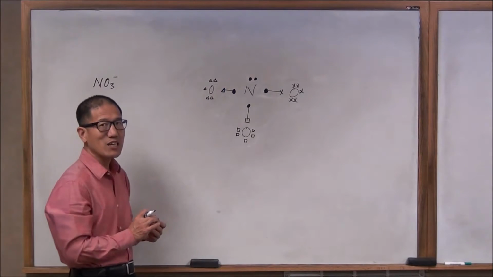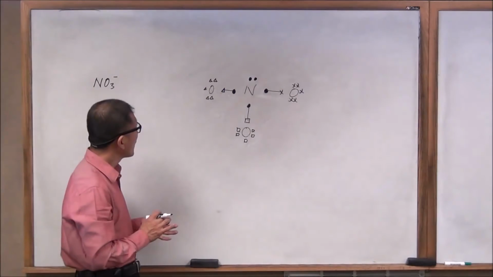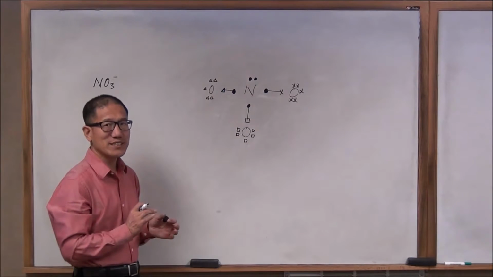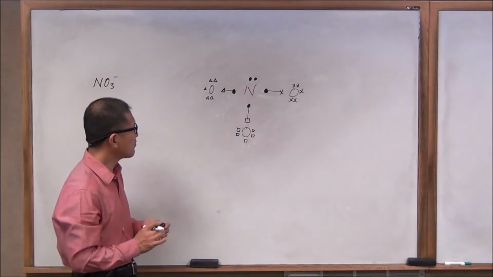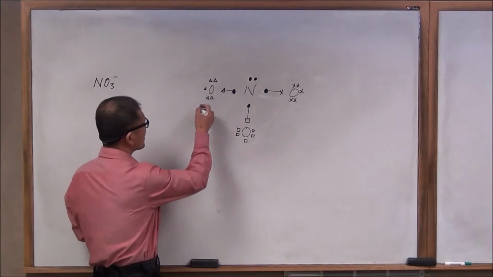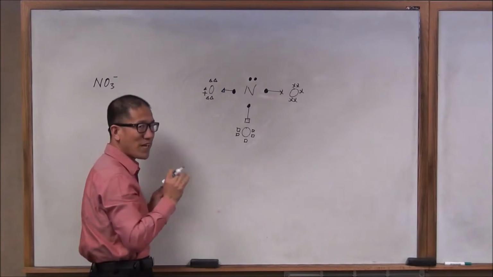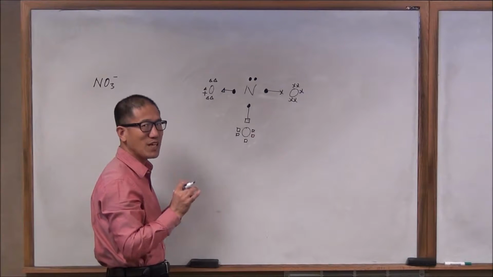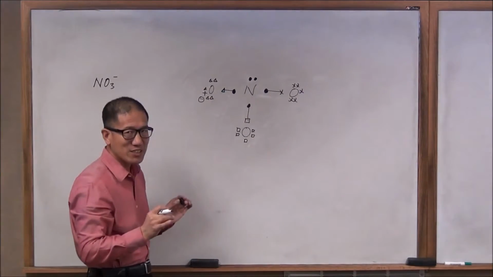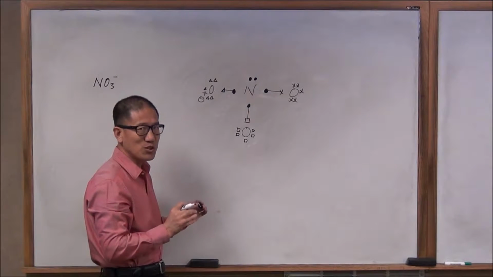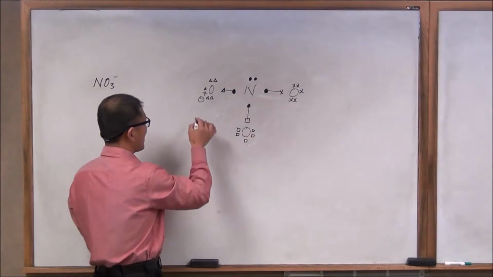So you may ask me, which one should we pick? My answer is, it does not matter. Just pick the one you like the most. In this particular scenario, I want to put the additional electron next to this one. Whenever you put down an additional electron, you put a -1 formal charge next to it. I suggest you do this immediately. You may forget at the end if you don't.